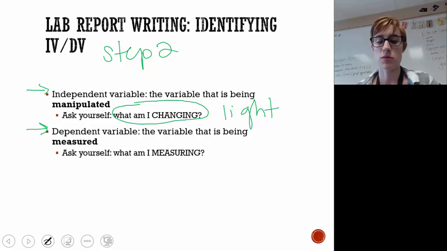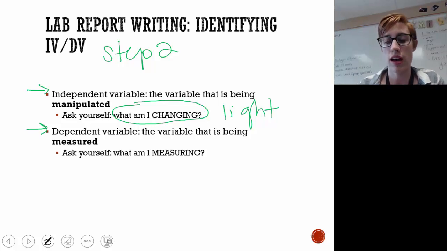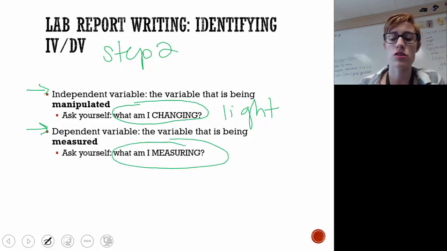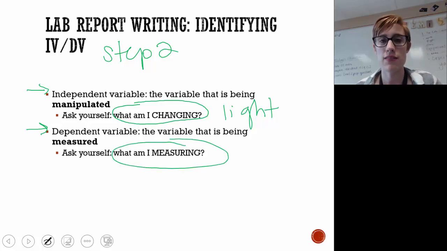The second part of our step 2 question was, how are you actually going to measure your product? How are you going to measure your result, the outcome? And that is where the dependent variable comes in handy, because the dependent variable is just the thing that's being measured, okay? So this is the question you want to ask yourself if you have to identify what a dependent variable is. The question is, what are you actually measuring?